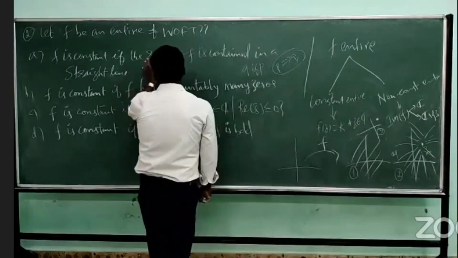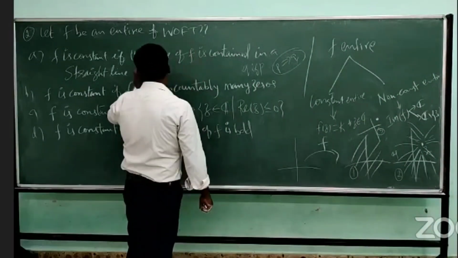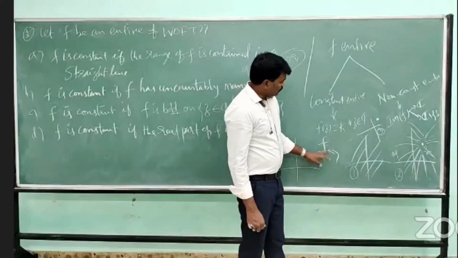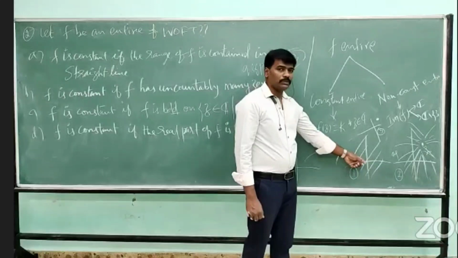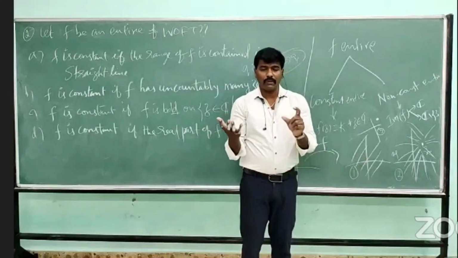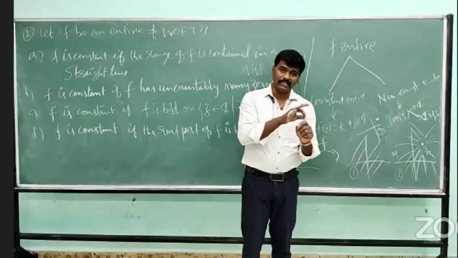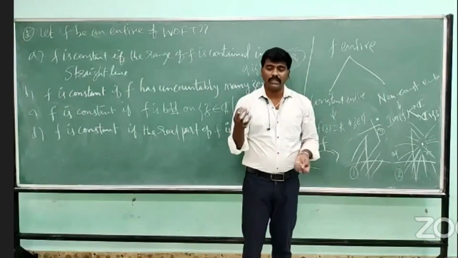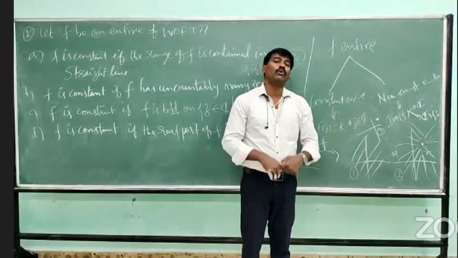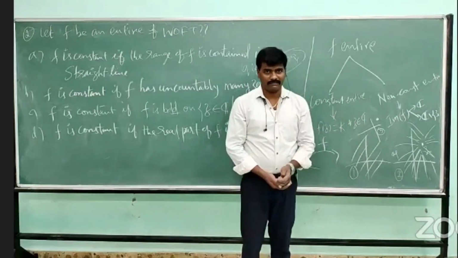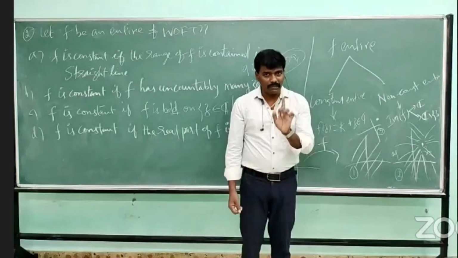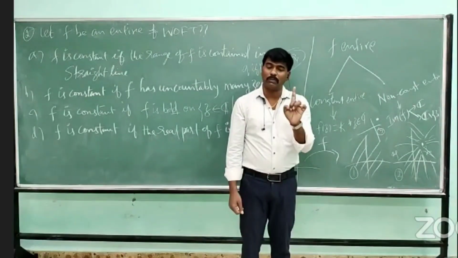What the option says is that the range of f is contained in a straight line. Is it possible? This is not possible. Why? If the image of f is lying in a straight line, it omits more than one point. Correct? What Picard's theorem says is that the image omits at most one point.